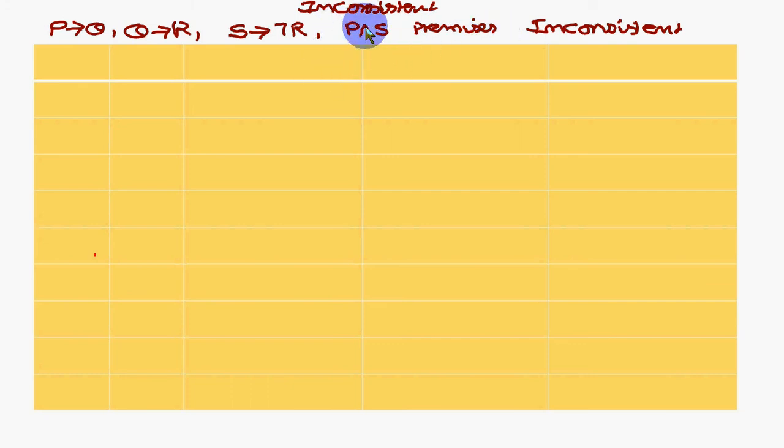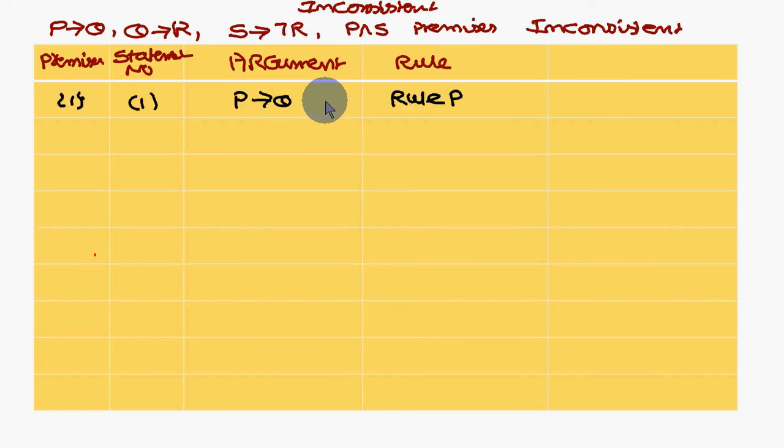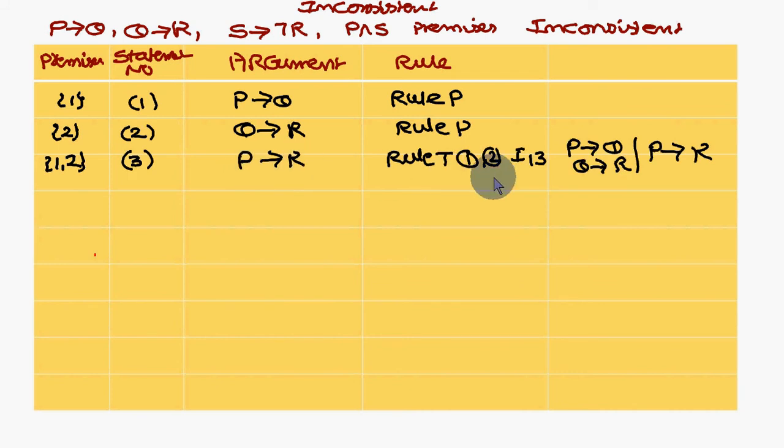In the inconsistency method, first I introduce one premise, P conditional Q, as rule P. Next I introduce Q conditional R, also as rule P. Q will get cancelled, and you are left with P conditional R according to rule I13.